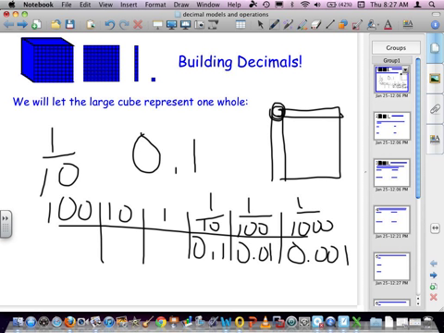They have the same name. And then it becomes easy to think about a fraction as a decimal or a decimal as a fraction. If I think about something like 25 over 100, that's 25 hundredths, but it can also be written as 0.25 because that's also 25 hundredths.